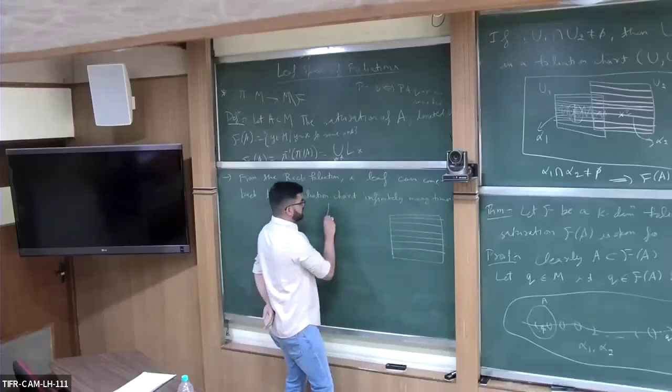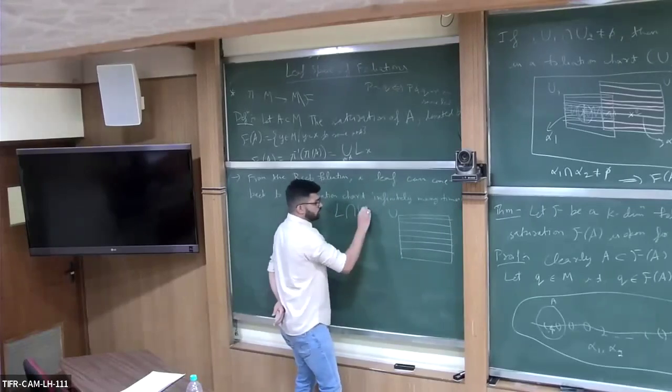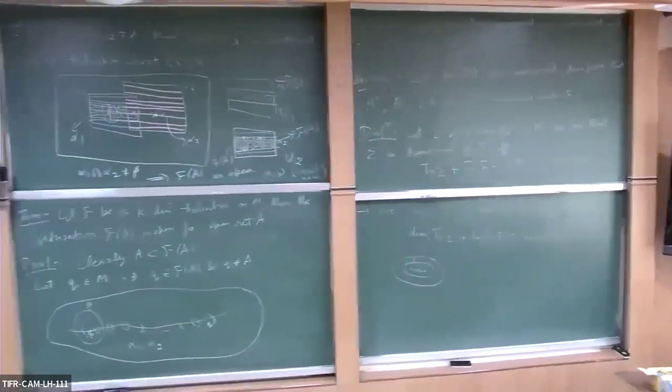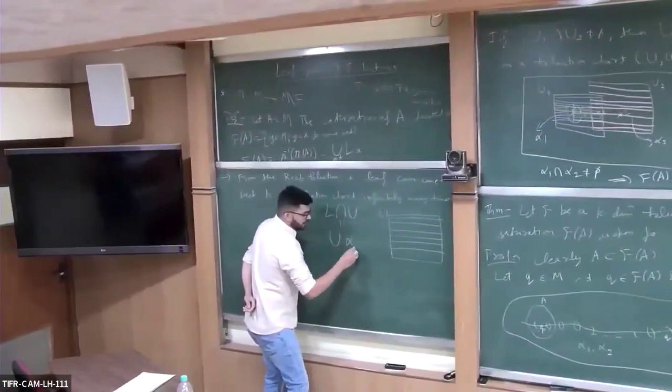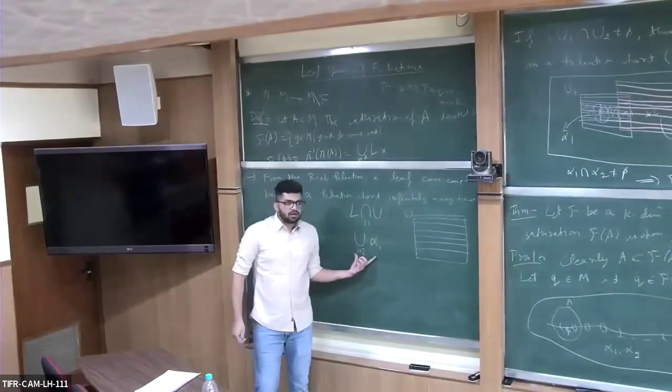What can happen is I take a leaf L and I take the intersection with the coordinate chart U. This could be a union of plaques alpha i. This could be some infinite union.